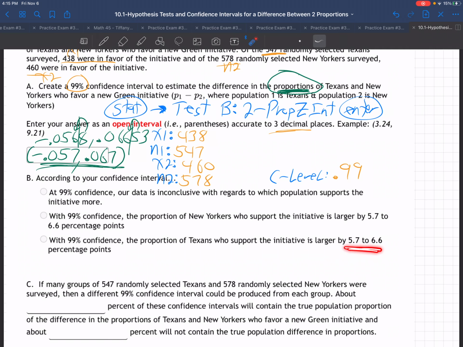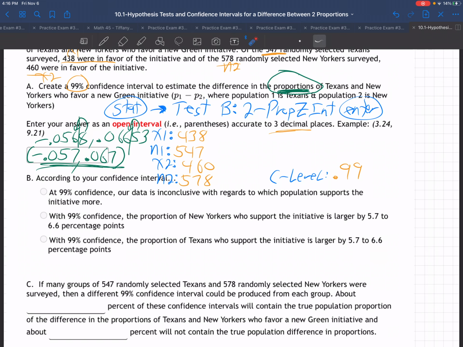Well, the endpoints round to 0.057 and 0.067. I don't know why they're saying 0.066.